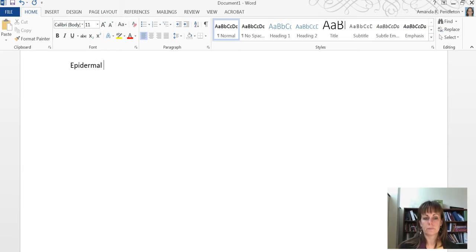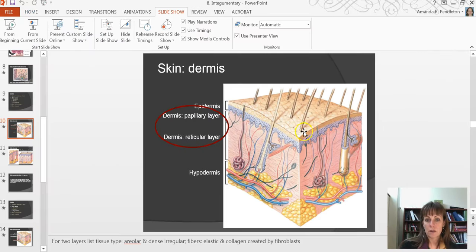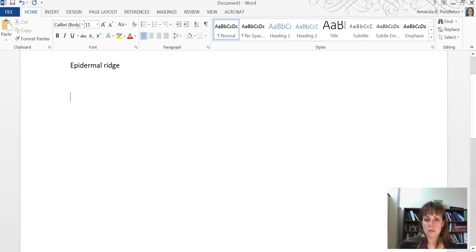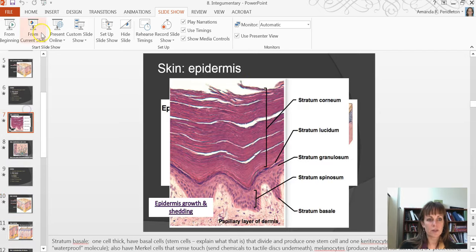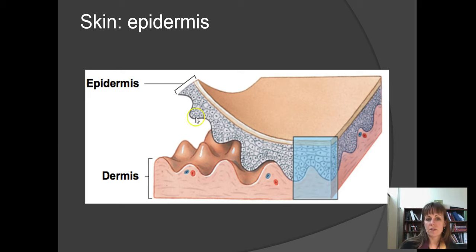But if we're on the dermal side, so now we're here on the dermis side of things, it still goes up and down, but that raised bump is then called a dermal papilla, and it's papillae if we're talking plural. And I think I may actually have a better picture of that. Here it's showing where the epidermis and the dermis are separated. So this would be the epidermal ridge, and this bump right here would be the dermal papillae.